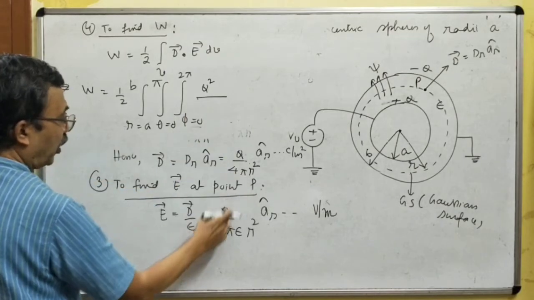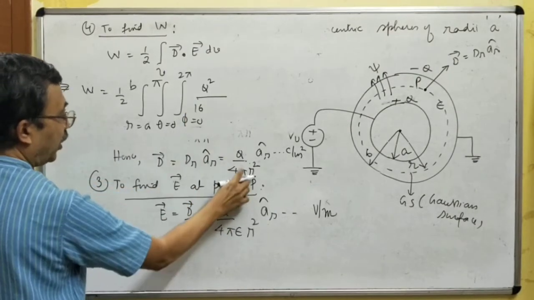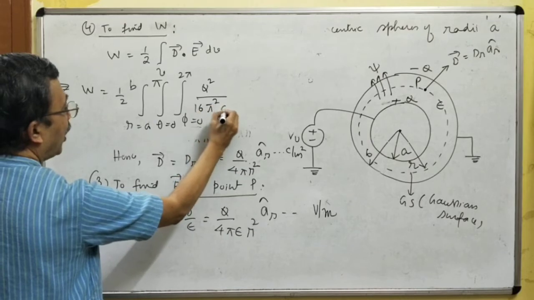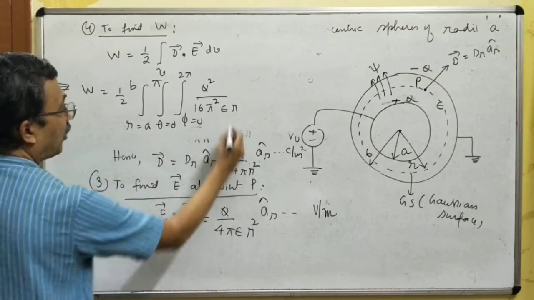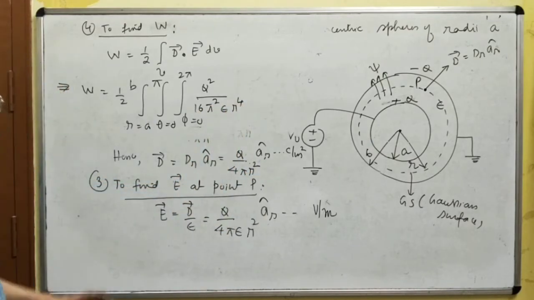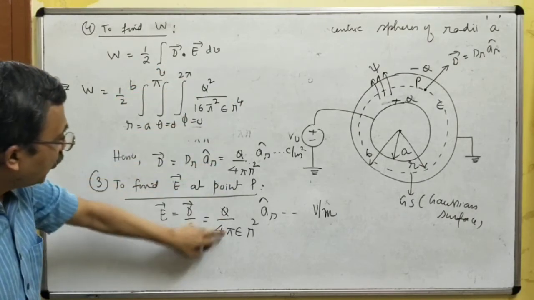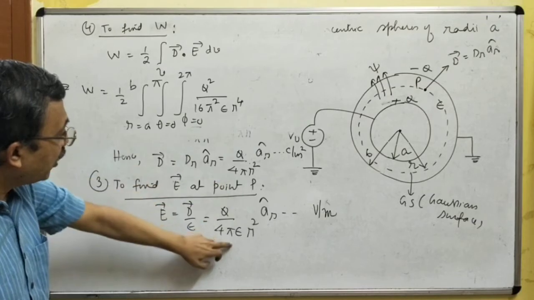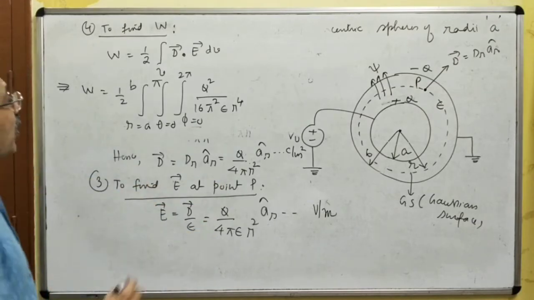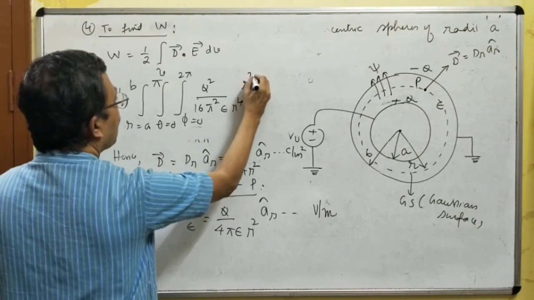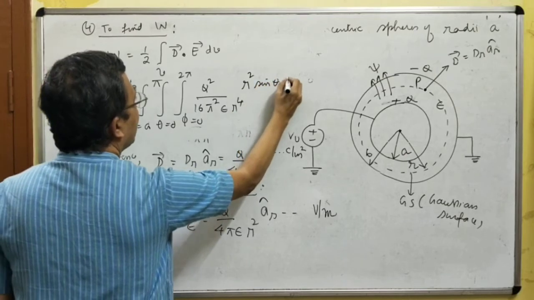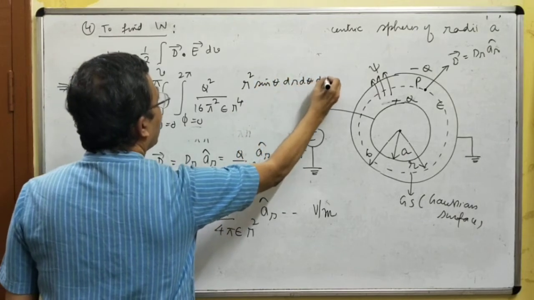So 4 into 4 is 16, pi into pi is pi square, pi square epsilon. r square into r square gives you r to the power 4. This is the dot product of D and E. What is dV? dV is r square sine theta dr d theta d phi.